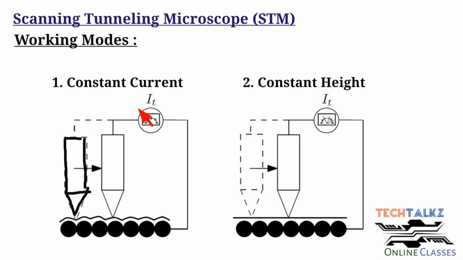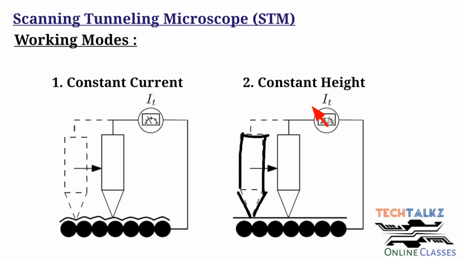But since the sample surface is rough, the current is going to change as we move the tip. In order to maintain the constant tunneling current, the probe has to move up and down according to the surface levels. By observing the fluctuations of this tip, we can create the surface level image of the sample. This is known as constant current mode.